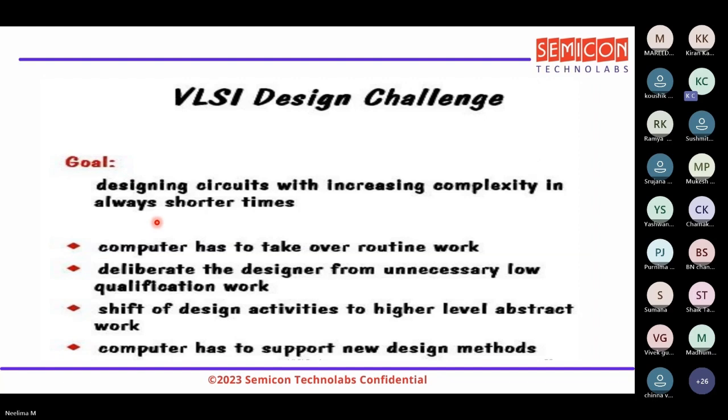That is the requirement. In order to provide the chips in a very short period of time, we have to reduce our cycle time. From beginning till end, we should be able to implement our VLSI design in a very short span of time in order to capture the market. We call this time to market. We should be able to send our product to market as soon as possible. That is one of the biggest design challenges we have.